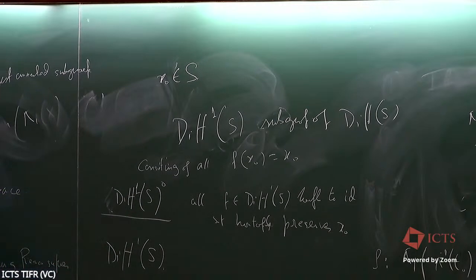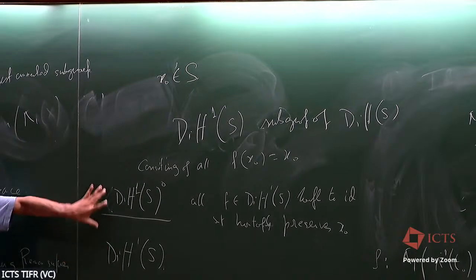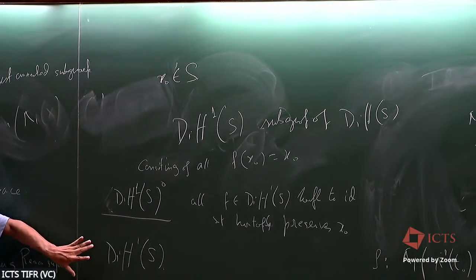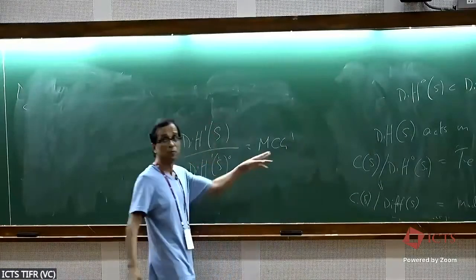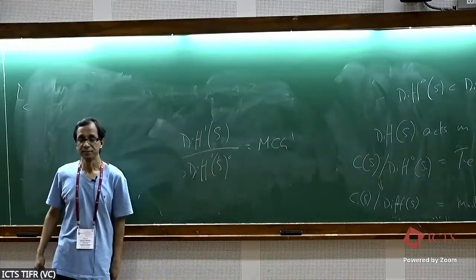Now the mapping class group for one point is again a quotient, the group of connected components of this. So let us call this diff1 of S by diff1 naught of S. This is called MCG1, the mapping class group for one point in a Riemann surface.